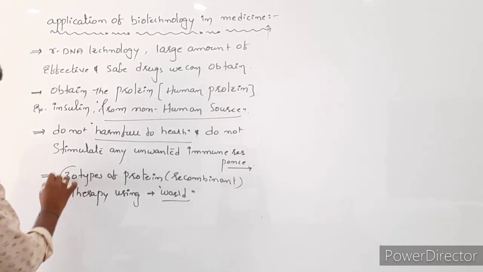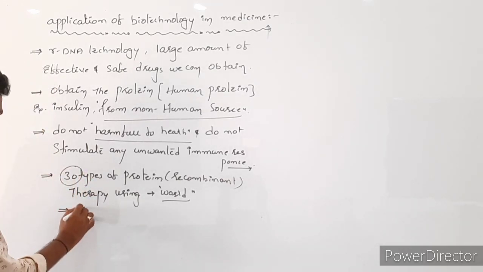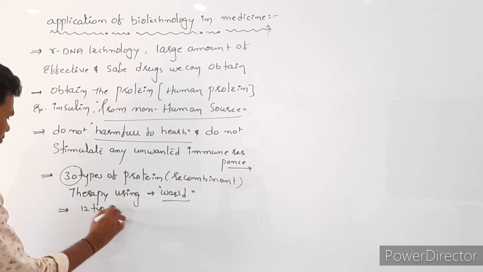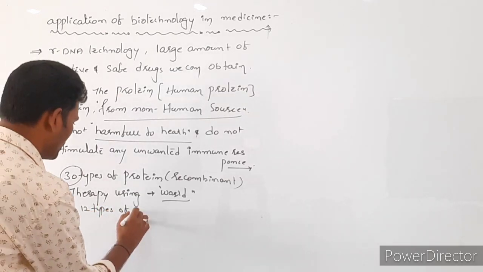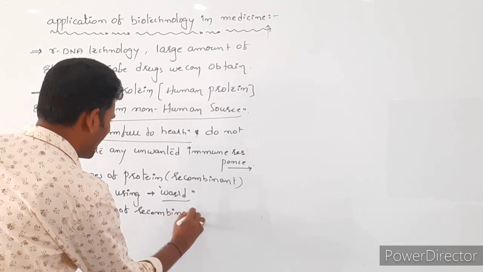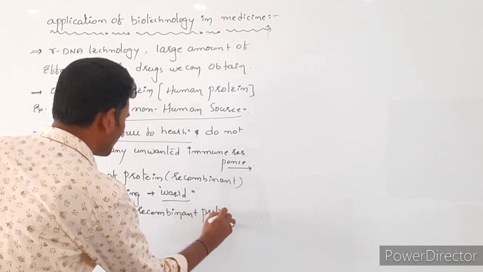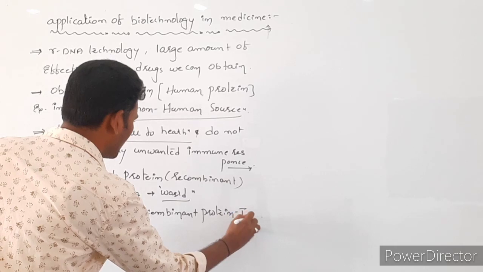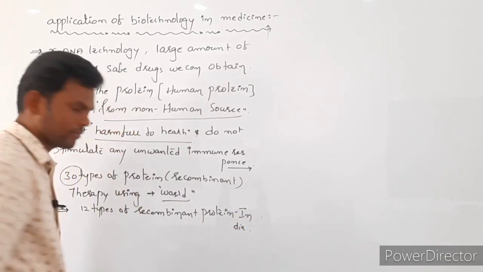Out of these 30 types of recombinant proteins, 12 types are available in India.